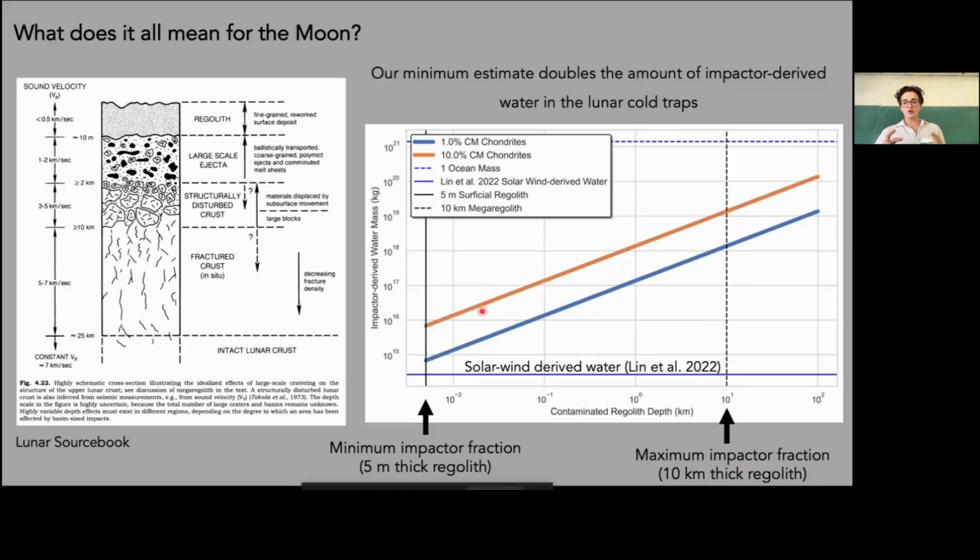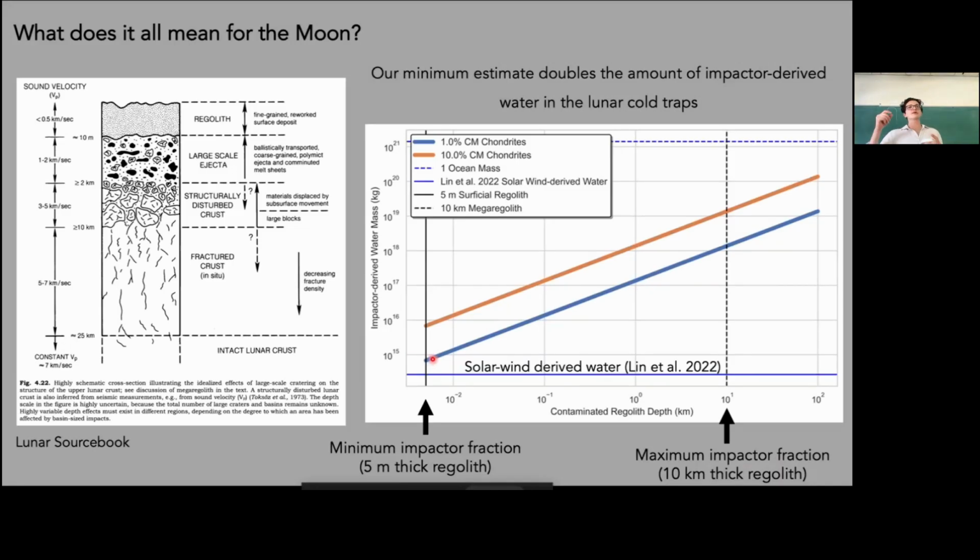To key in on two horizontal lines that matter. This lowest blue horizontal line is what is estimated to be the entire inventory of solar wind-derived water across the entire moon surface and lunar cold traps. And what we see is that our minimum estimate, our 1% mass fraction of a thin regolith reservoir, we're already doubling how much water is present in the lunar cold traps in this process. So that's significant. Now let's turn the knob to the extreme.